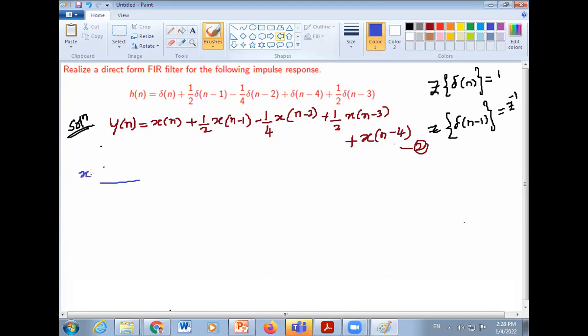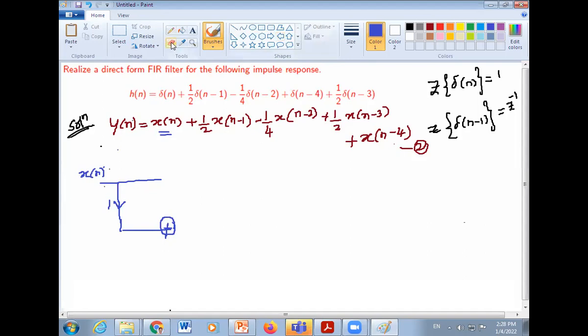So first we want X of n. What will be the multiplier here? Its coefficient is 1. There is nothing, so it is 1, right?